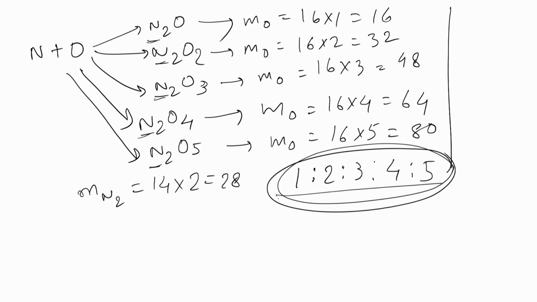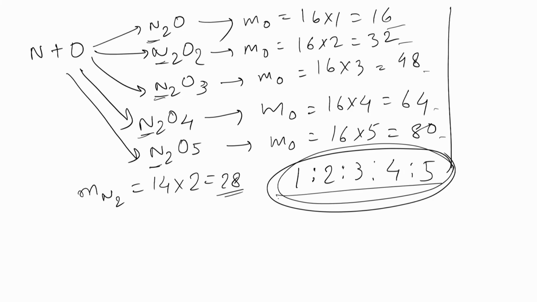That is, in all of them it was N2, that is 14 into 2, that is 28, whereas the mass of oxygen in each case was changing. So, this was the law of multiple proportions.